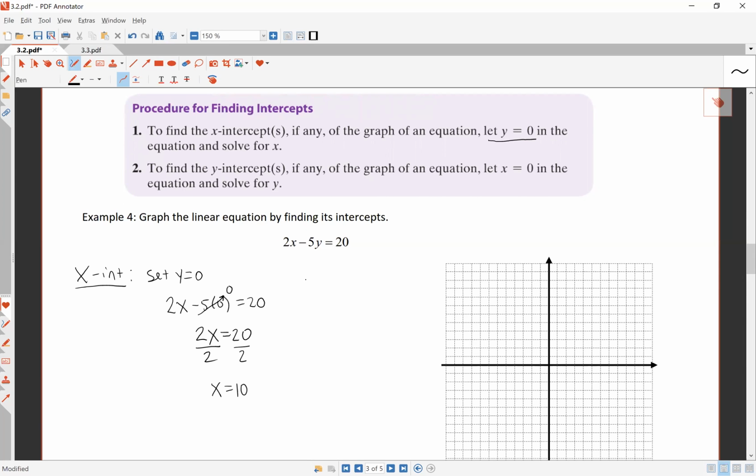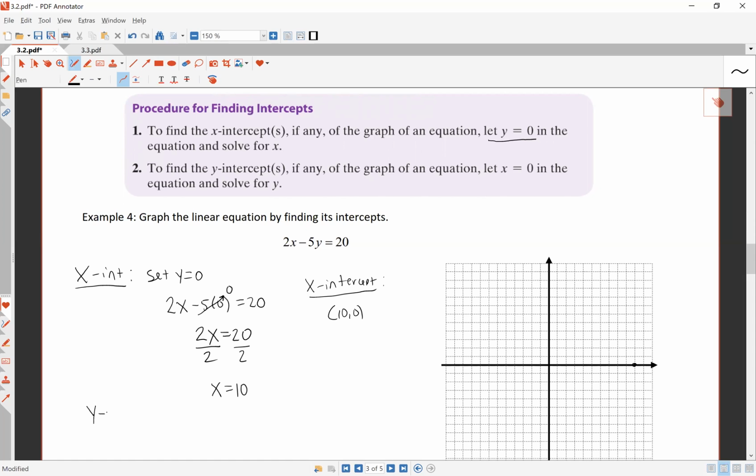Now we state that x-intercept as (10, 0). So we go over to 10, 1, 2, 3, 4, 5, 6, 7, 8, 9, 10. And we put our point there.